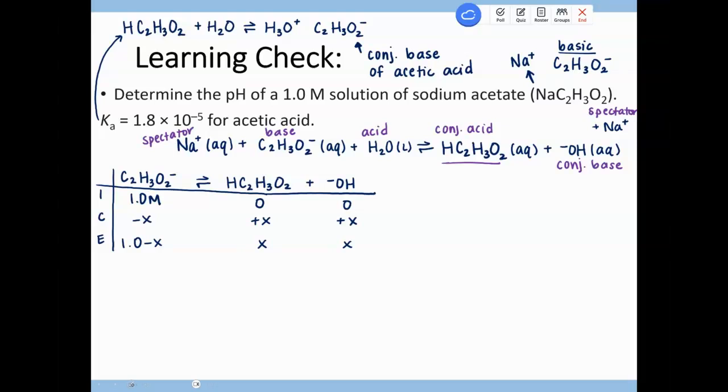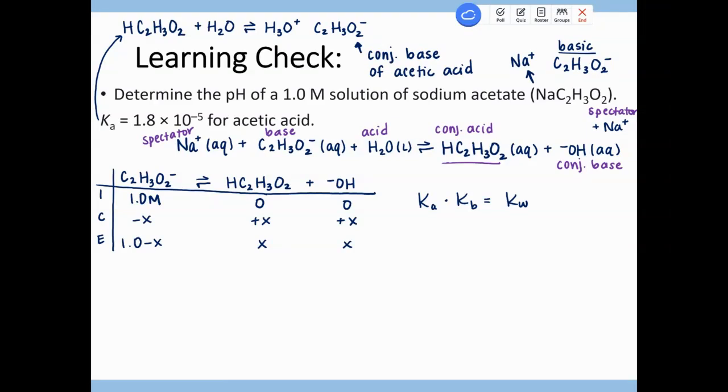So in a previous slide, we wrote out this relationship that for an acid, or for a molecule that can be an acid and its conjugate base, Ka times Kb equals Kw. And Kw is the provided value on your equation sheet, 1.0 times 10 to the negative 14.